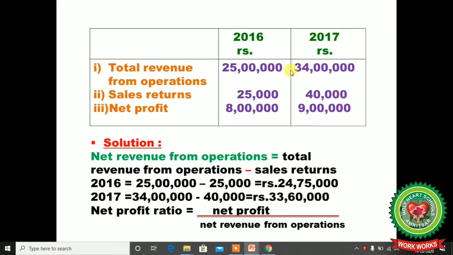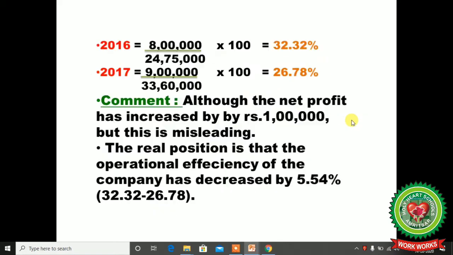So see, 2016 net profit is less, in 2017 it is 9 lakh, but compare why the net profit ratio is less: again the same problem, the operational efficiency. Okay, the company worked efficiently in 2016 as compared to 2017.